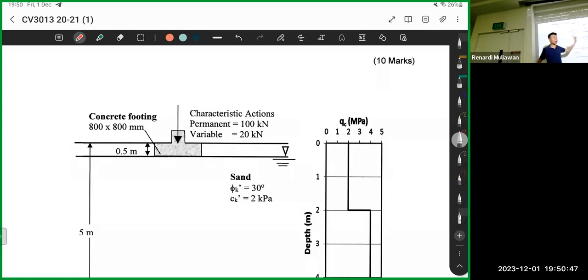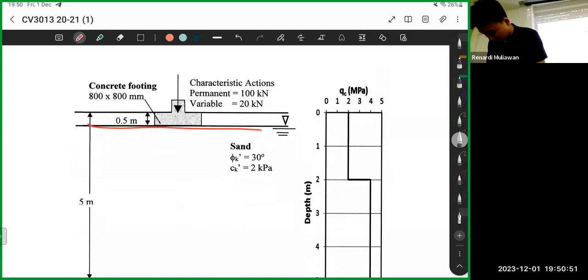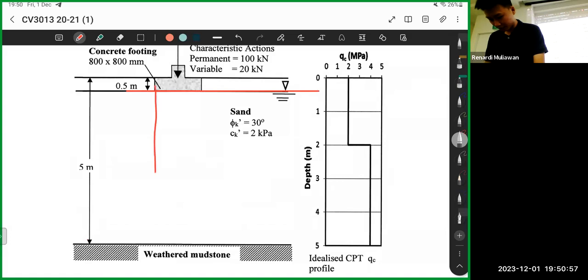It's not the ground level, it's the foundation level. So be careful. The zero of the Sherman method starts from the foundation level, then goes down like this. That's the first thing you need to do.